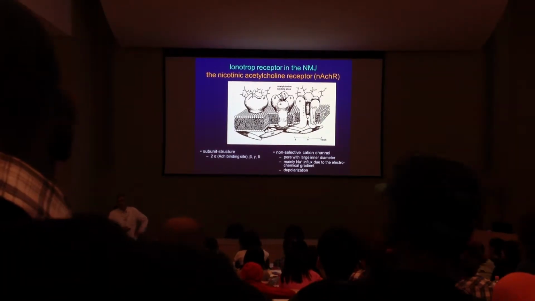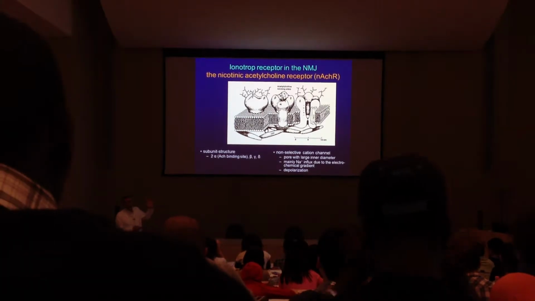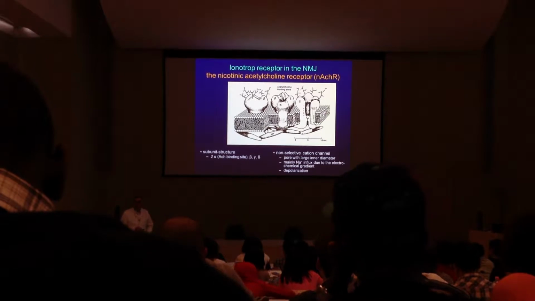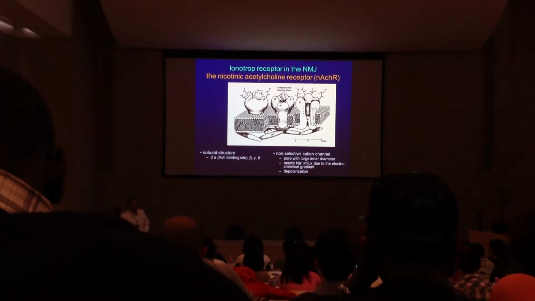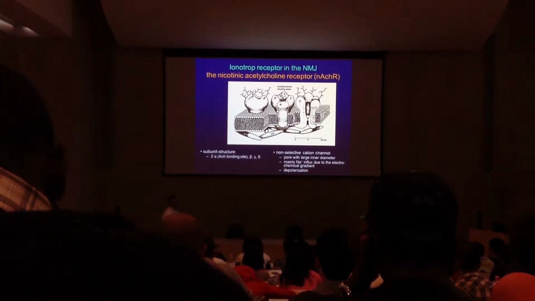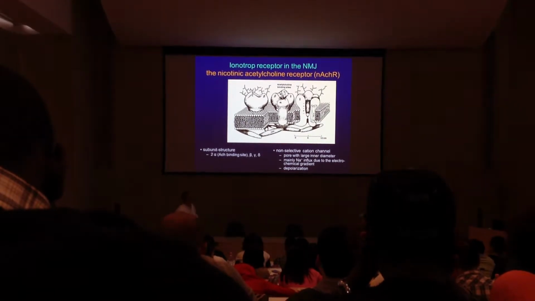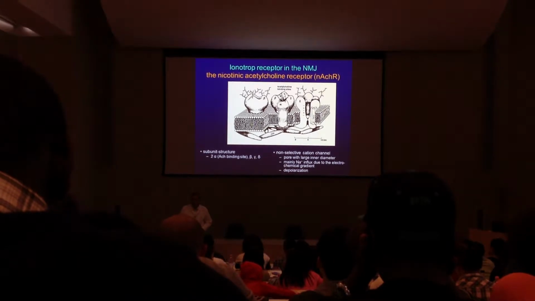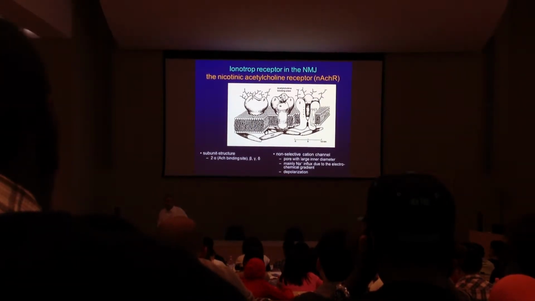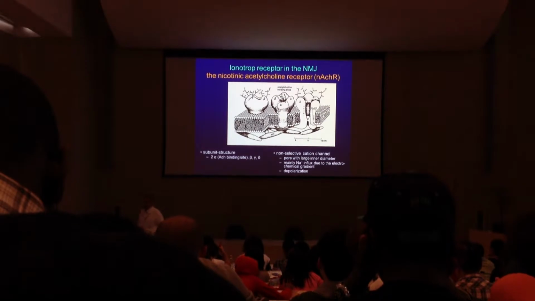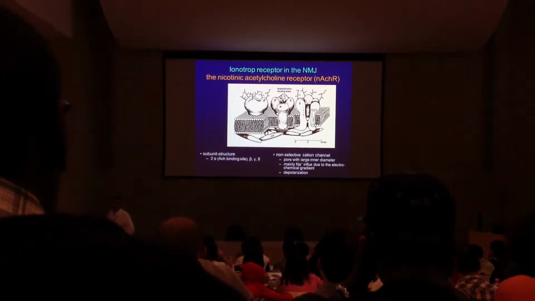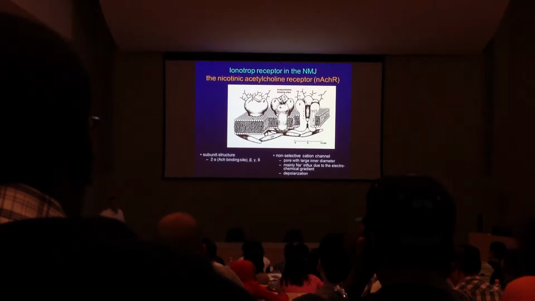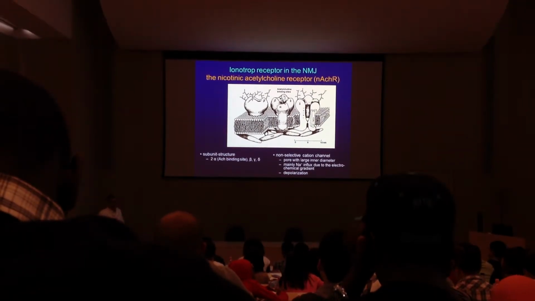Actually, this nicotinic type acetylcholine receptor is found all over your brain, and once you take in nicotine, it stimulates these acetylcholine receptors in your brain, and you get used to having these receptors stimulated. And once this is taken away, your brain doesn't like that.